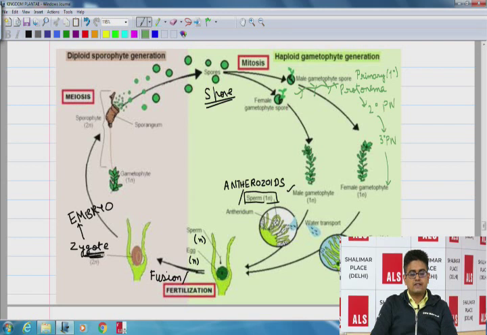Students, do you understand the life cycle of bryophyta? Please tell me now. Please let me know if you haven't been able to understand it quickly. I will repeat it again for you.